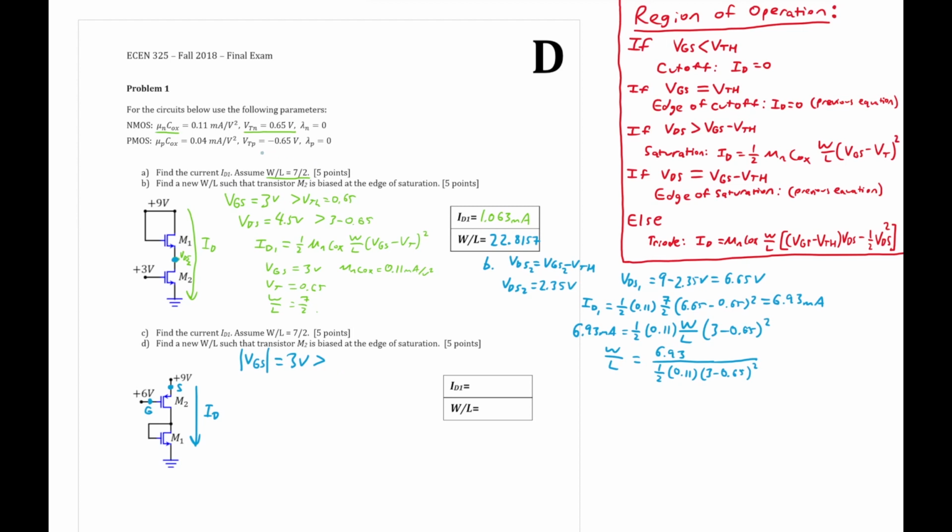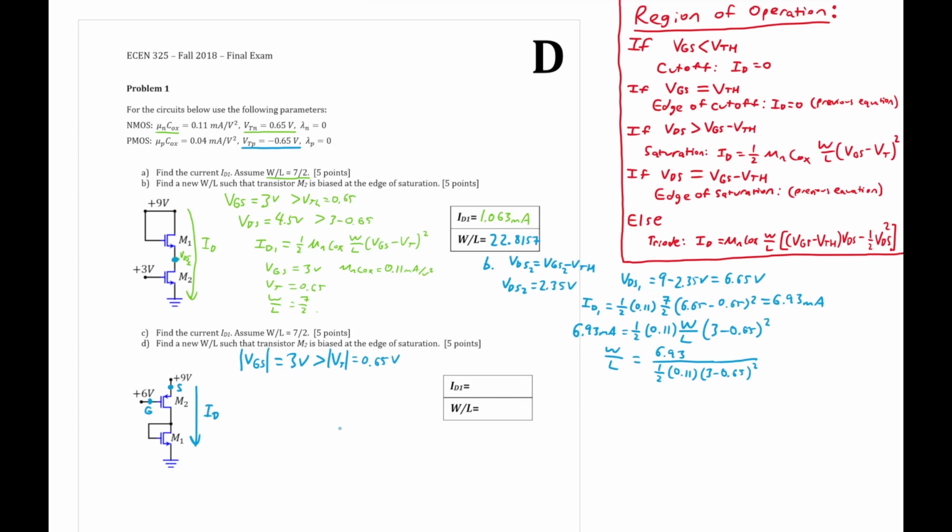One thing to note, this value is actually negative, but that's because our gate and source are flipped in this case. So there's a higher potential at the source than there is at the gate. That's why it's negative. But we get away with just comparing the absolute values of both. So 3 volts is greater than our VT, which is 0.65 volts. So we know we are not in the cutoff or the edge of cutoff region.